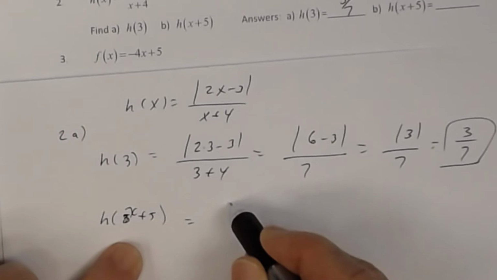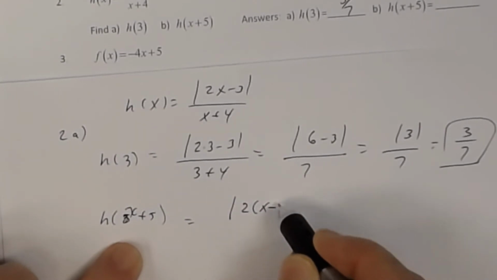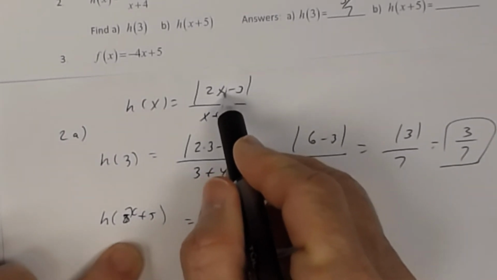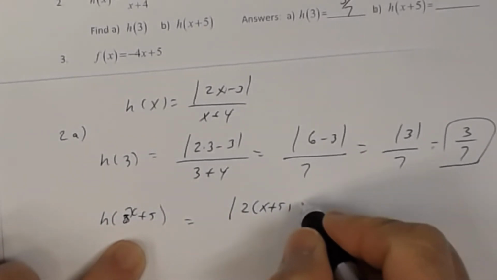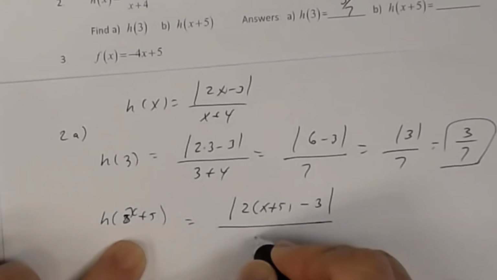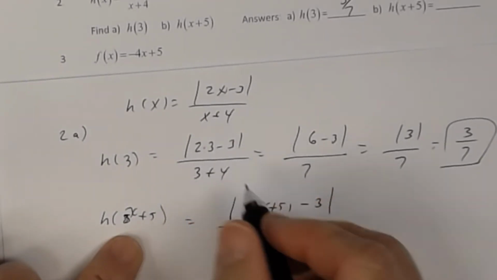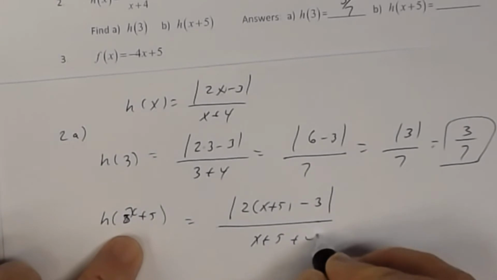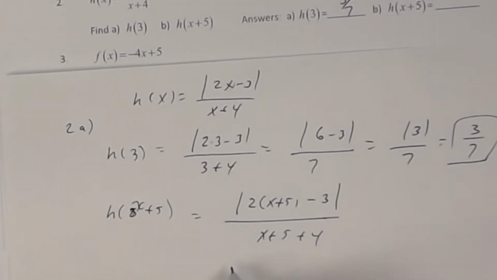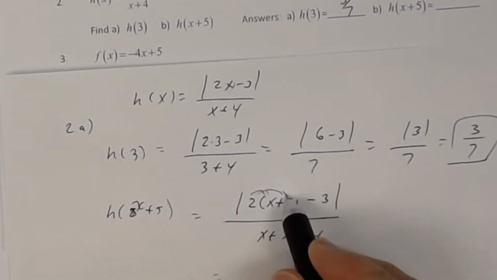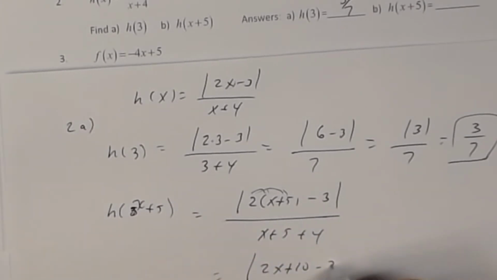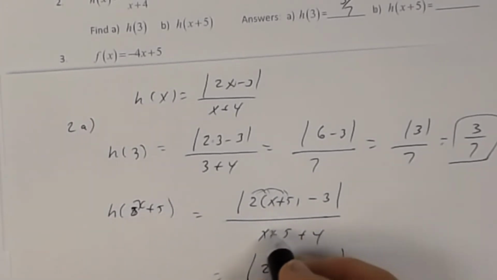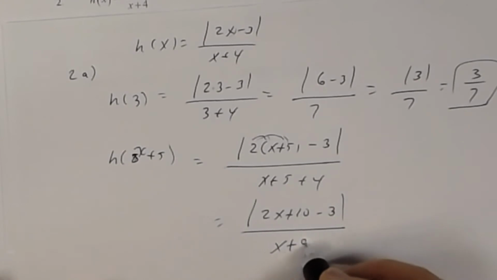So this becomes the absolute value of 2 times x plus 5, minus 3, divided by, in place of x, you substitute x plus 5, so x plus 5 plus 4. Now this is where you have to be careful. Let's go ahead and distribute here. I do expect you to go further with the numerator. So you get 2x plus 10, 2 times 5 is 10, minus 3, divided by x plus 9. 5 plus 4 is 9.